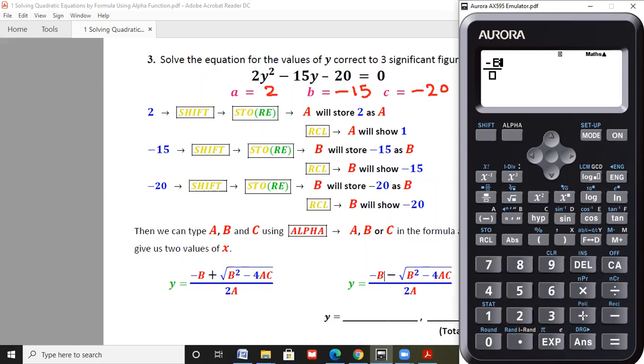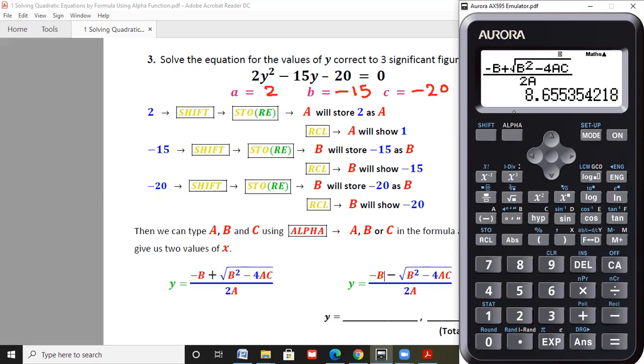And then plus, for the first time I'm going to use plus, then alpha B squared minus 4 times A times C, like 4AC. I'm just typing in the formula basically, and then all of this divided by 2 times A. And to type A, I press alpha and A.